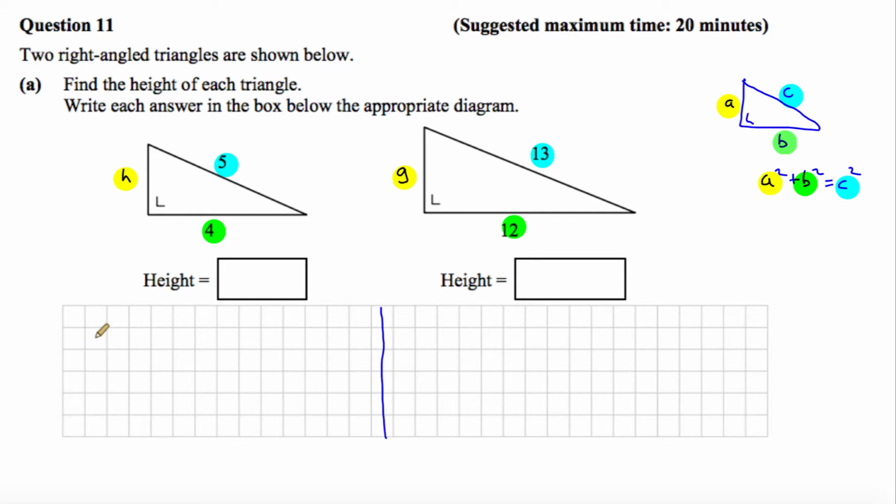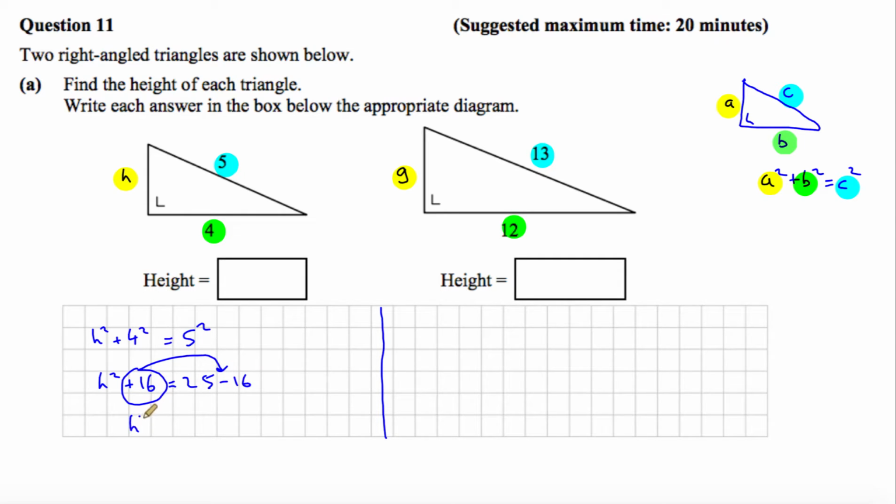So in this case we have H squared plus 4 squared. The yellow squared and the green squared is equal to the blue squared. So H squared plus 4 squared is equal to 5 squared. And that gives me H squared plus 16 is equal to 25. I can bring that 16 over here, becomes a negative.